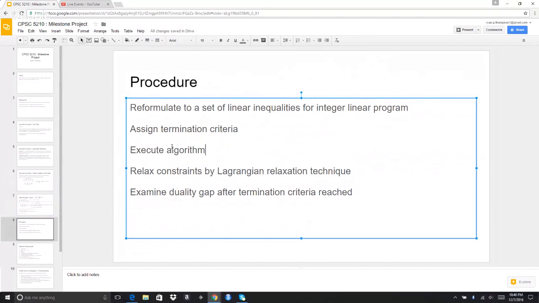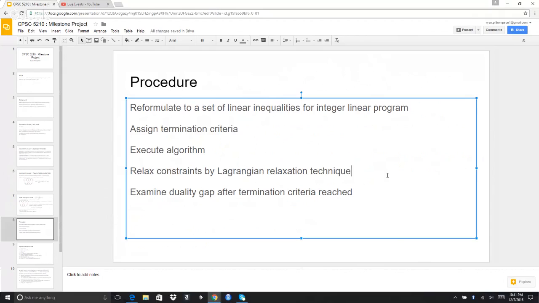Then we would execute the algorithm, and we'll review some pseudocode for that in the next slide. As the algorithm is executing, it will apply the Lagrangian relaxation technique throughout while it hasn't met the termination criteria. And once the termination criteria is reached, say an hour has passed of runtime, you'll examine the duality gap.